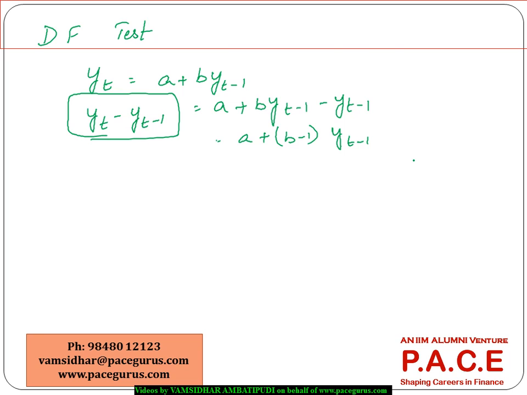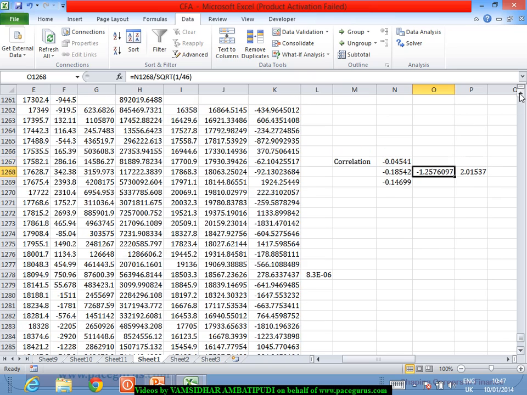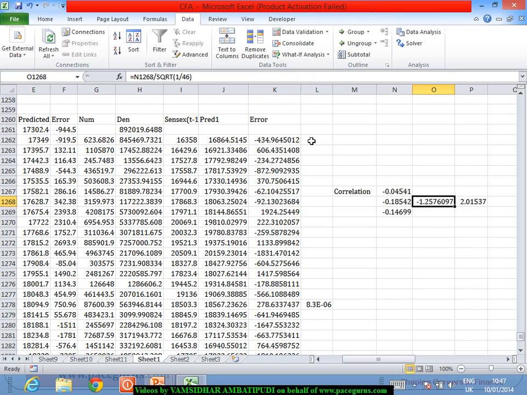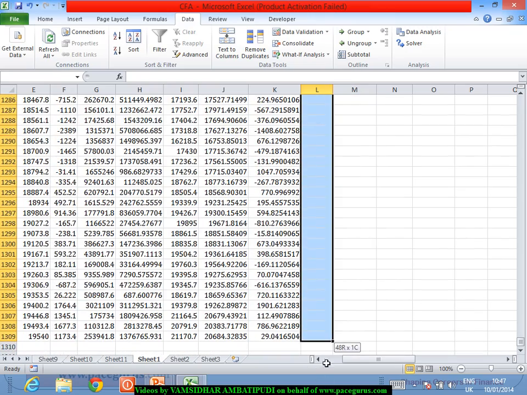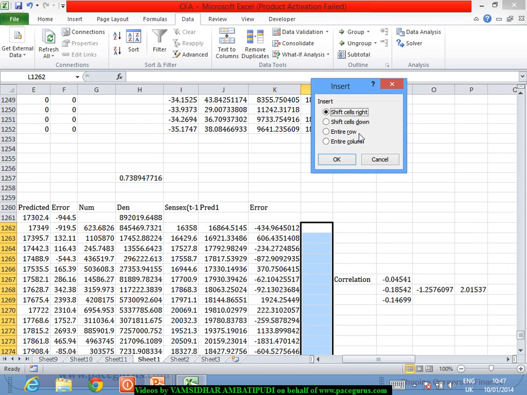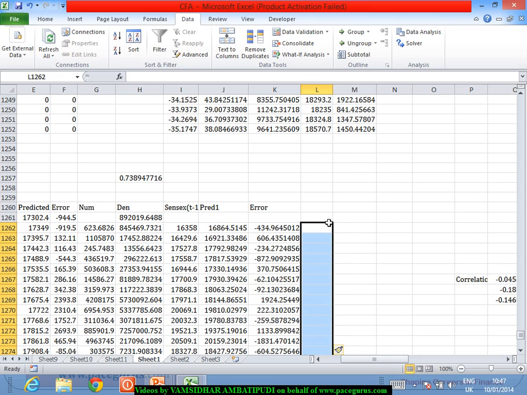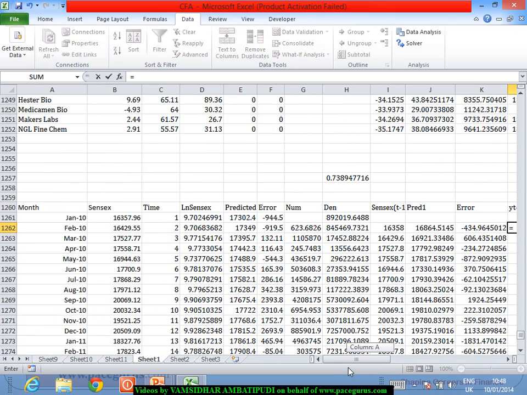Right, so let me do this process and then I'll explain it to you. Here I will take yt minus 1. From this period I can take yt, which is the Sensex at this point, minus yt minus 1.